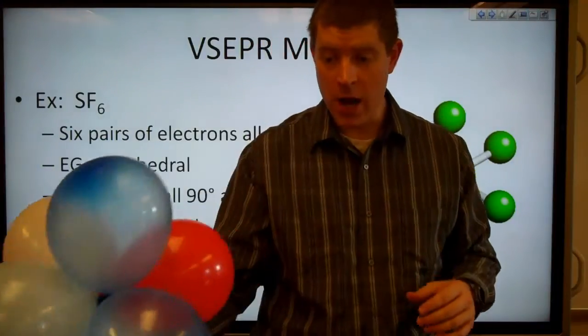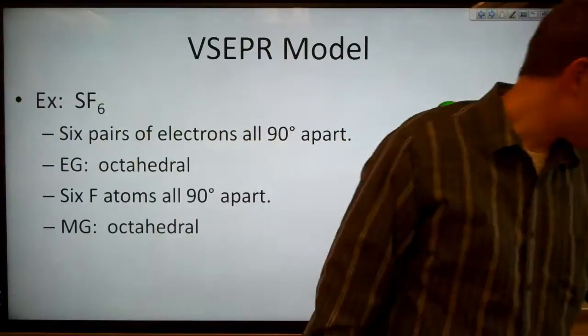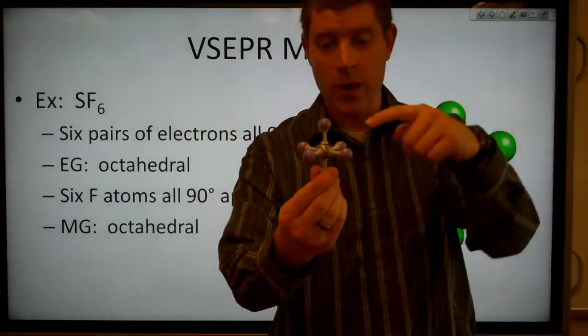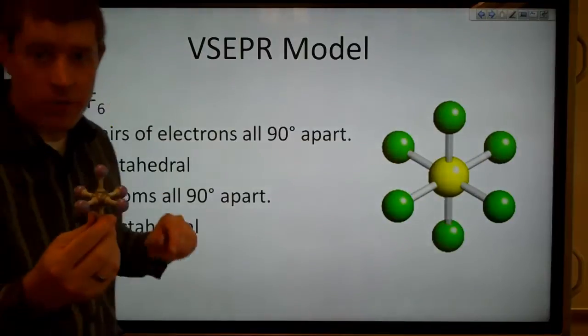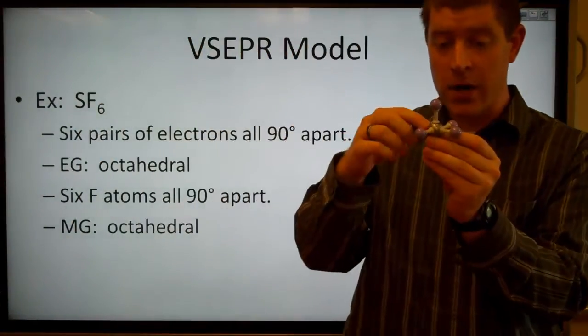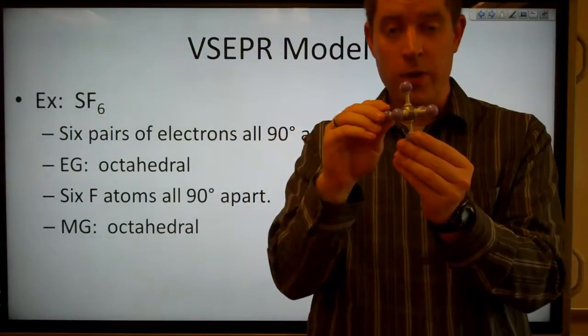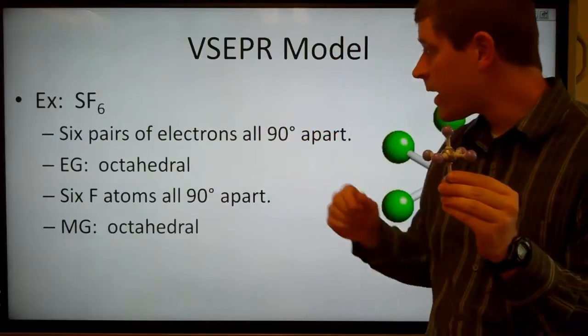Now, this sort of geometry, I'll show you that in the molecular models. That looks like this, where we have our central atom there. In this case, we have sulfur hexafluoride, so the sulfur atom would be in the center, and each of the purple spheres here would be the fluorine atoms.